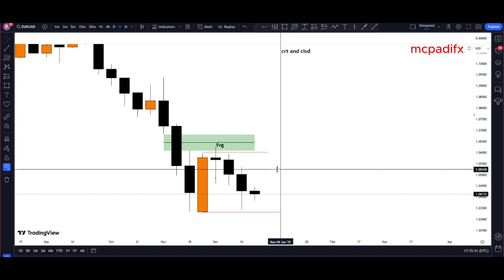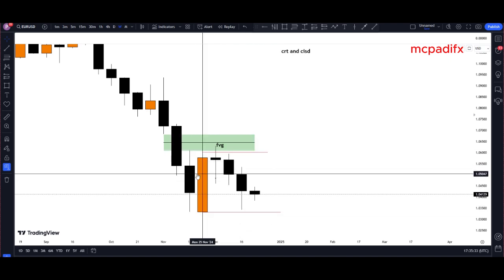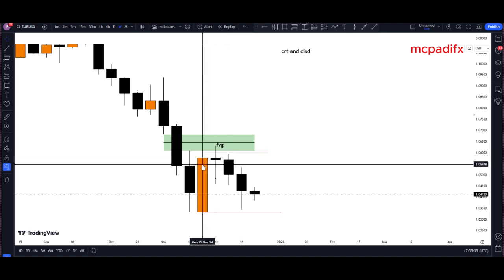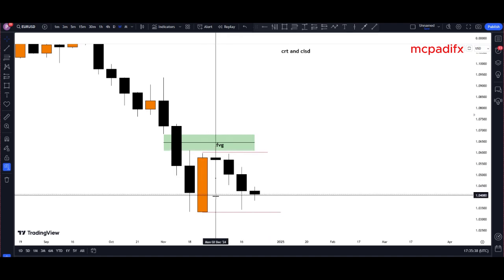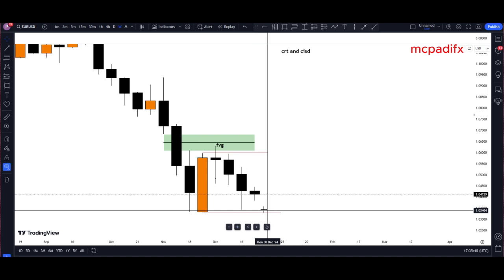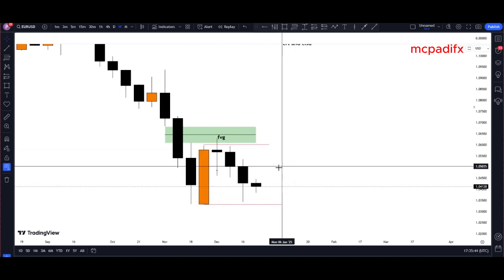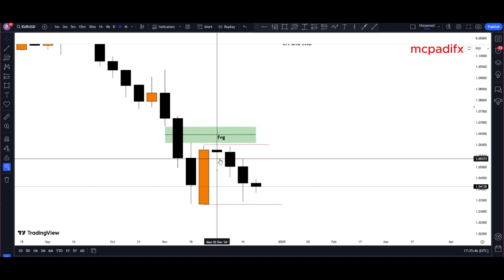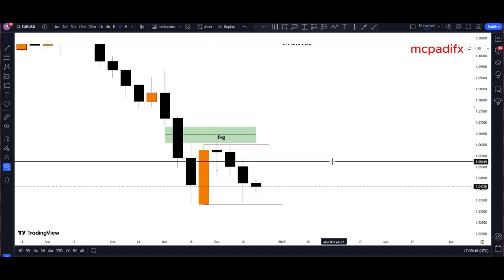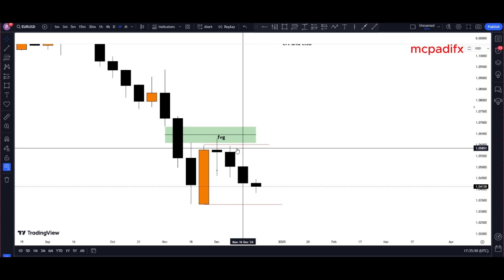It is said that every candle is a range, which is a high and a low, and these highs and lows are subject either to be swept or to be broken. So this is the concept of CRT.